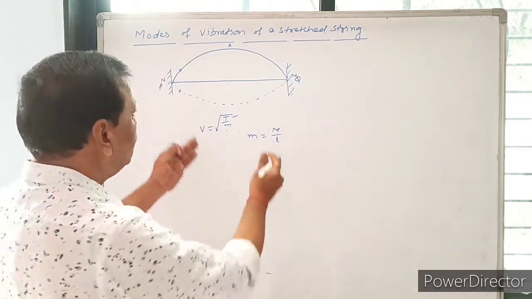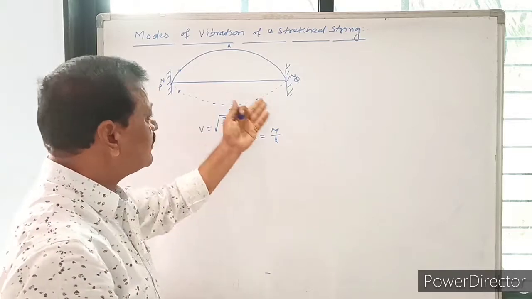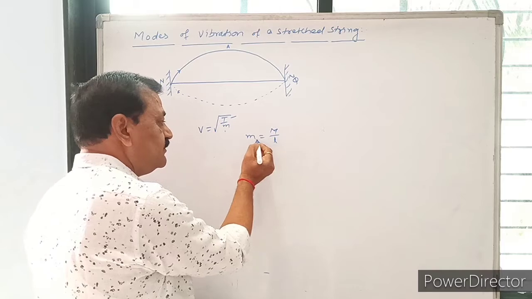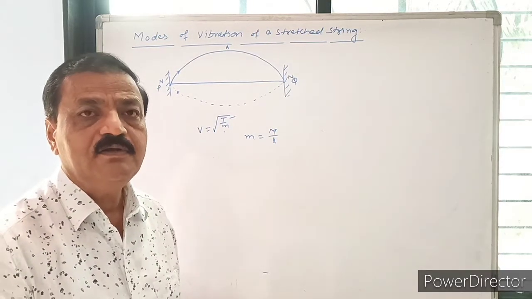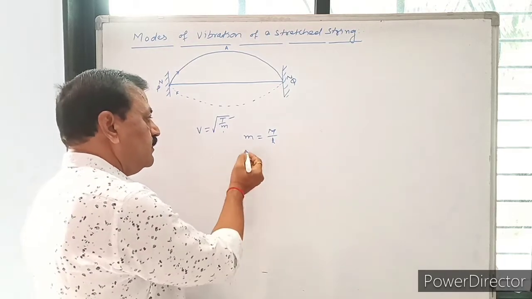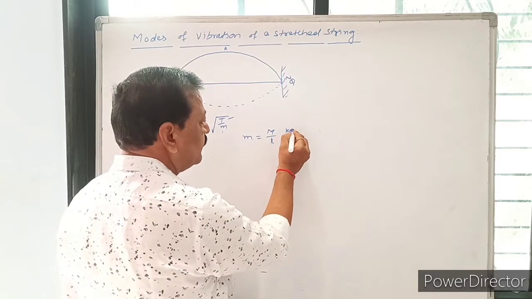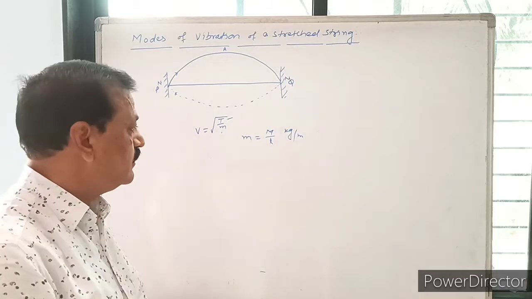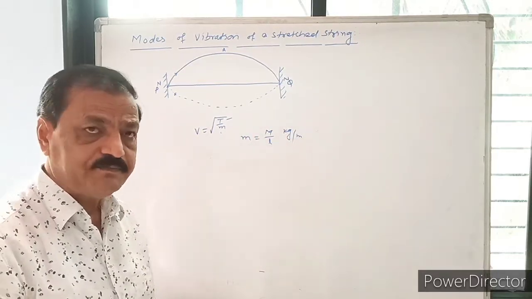L is the length of the string. M is the mass of the string. So mass per unit length is also called linear density. Linear density is measured in kilogram per meter. Mass is in kilogram, length is in meters.